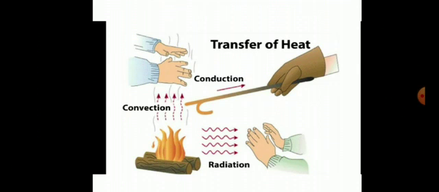Heat is transferred by means of convection currents, and convection can occur in liquid and gaseous substances. Convection needs a medium, and transfer of heat without a medium is called radiation.